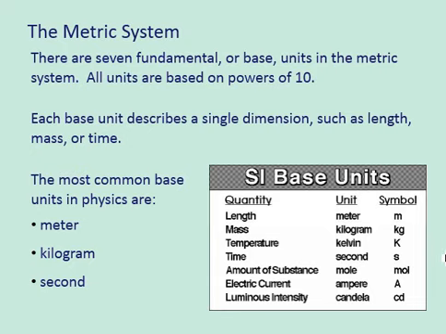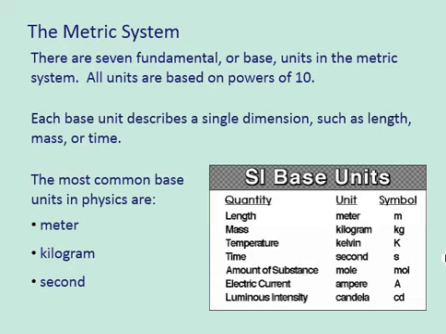The nice thing about the metric system is all the units are based on powers of 10. So if you want a smaller unit of length or a larger unit of length, the only thing that you have to do is change the unit by either dividing or multiplying by a power of 10.